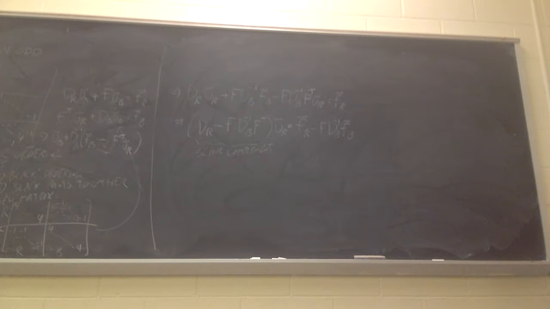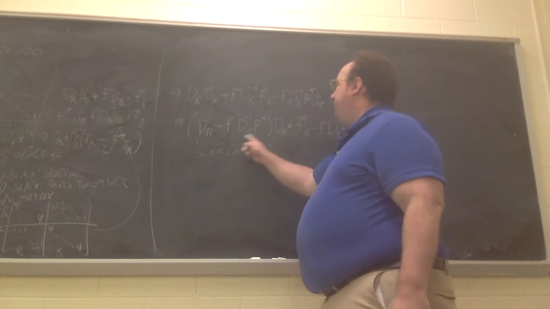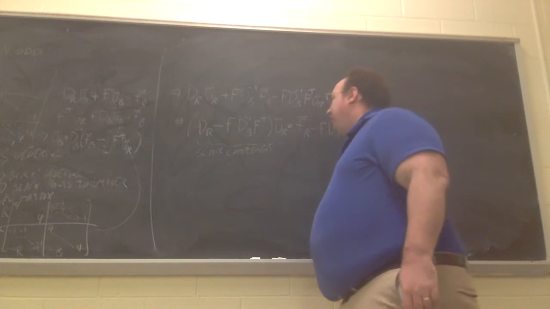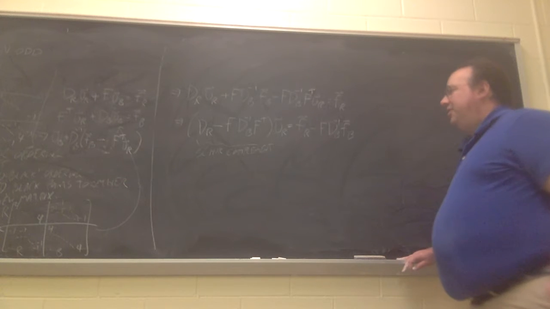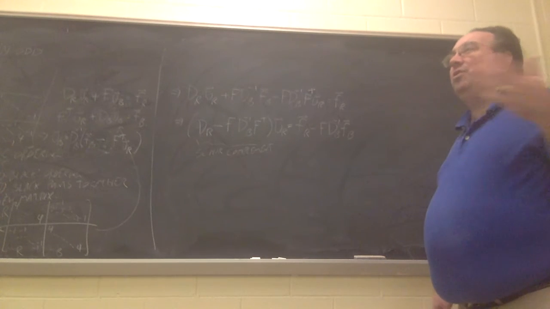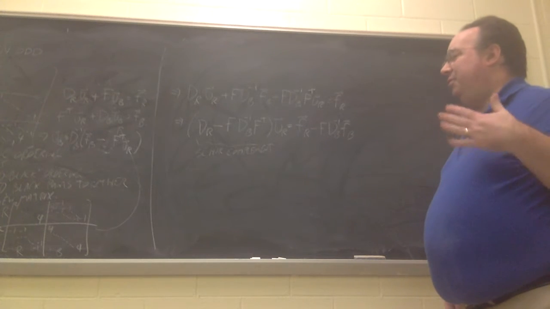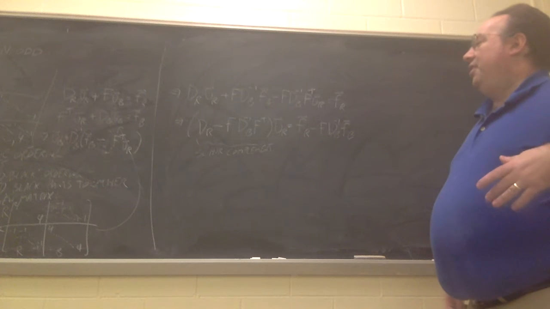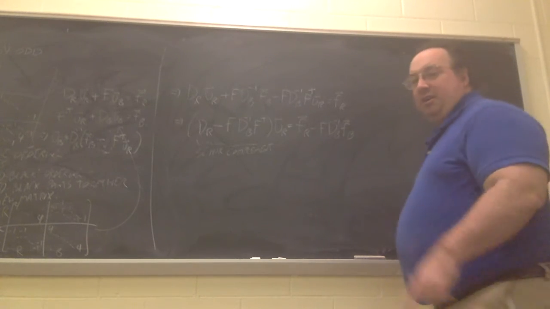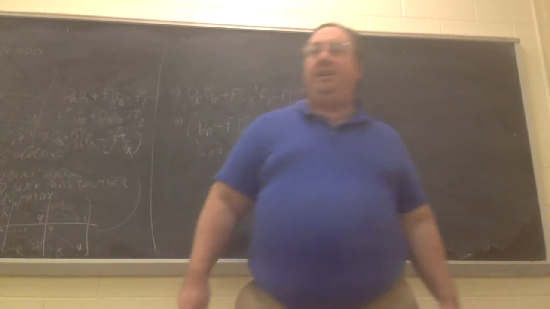Now, this still takes a fair amount of work because F and F transpose are very sparse, but they're not diagonal, so it's still going to take some work. But the point is, it's a lot less work than the original system because you're able to cut out half the unknowns. So once you find UR, you just go back here and solve for UB.